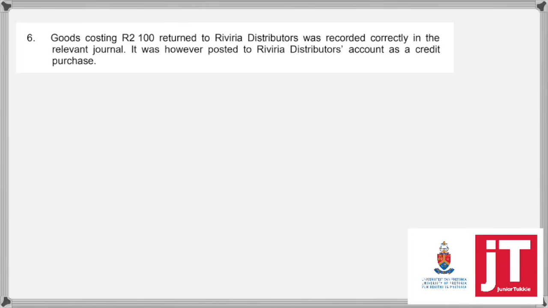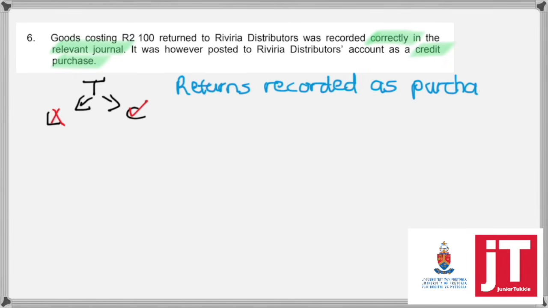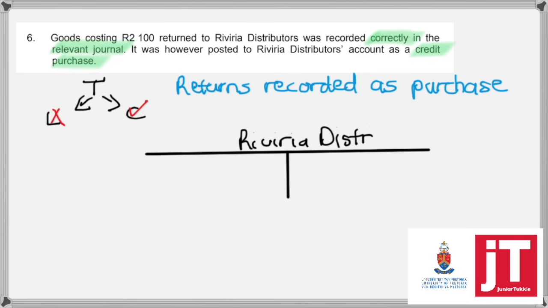Transaction number 6. Goods costing 2,100 returned to Rivera Distributors was recorded correctly in the relevant journal. It was, however, posted to Rivera Distributors account as a credit purchase. We made a mistake in the individual's account. It has absolutely nothing to do with the control account, which means we're going to open Rivera Distributors to show that the returns was recorded as a purchase.